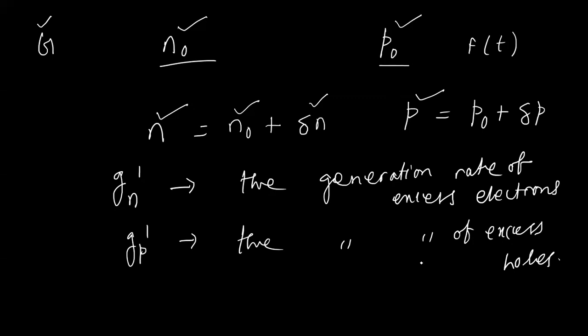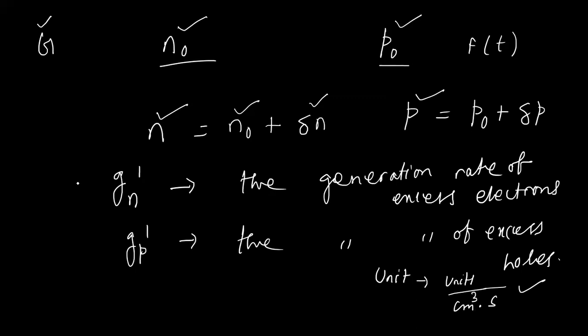So the unit of the rate of generation or rate of recombination is the number created per centimeter cube, as we are dealing with small dimensions, per second. This is the unit of generation rate or recombination rate.